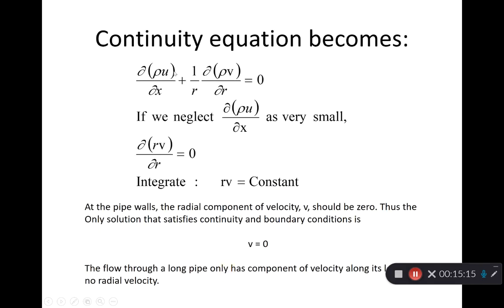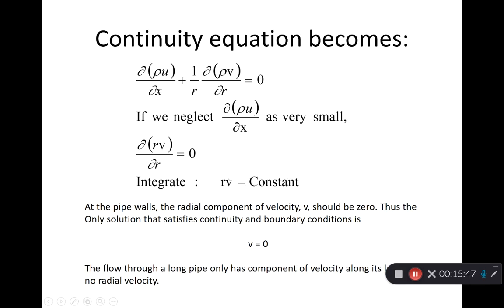So integrate the conservation of mass. This goes away. So you get d by dr of, there should be an r here, rho r v. Rho is a constant, so rv is a constant. So v equal to constant over r. At the axis of the pipe, r equal to 0, you cannot have an infinitely high velocity. So the only meaningful velocity that we could have is zero v component of velocity.